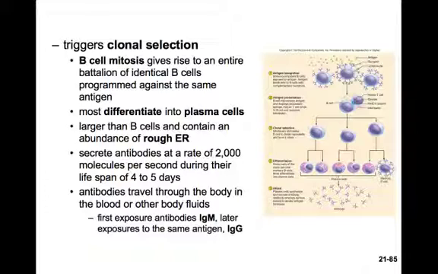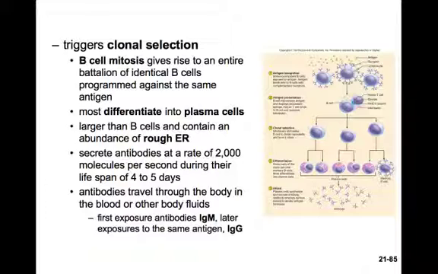These antibodies then travel through the body into the blood or any other body fluids and bind to the invading particle. The first exposure usually involves antibodies like immunoglobulin M, and later exposure to the same antigen causes activation of immunoglobulin G. Don't worry too much about these different types of antibodies.